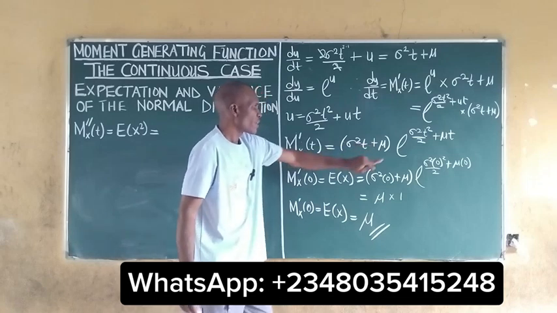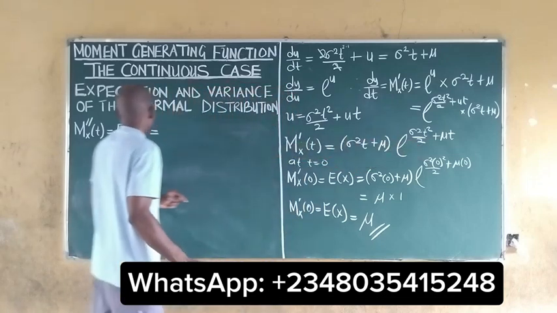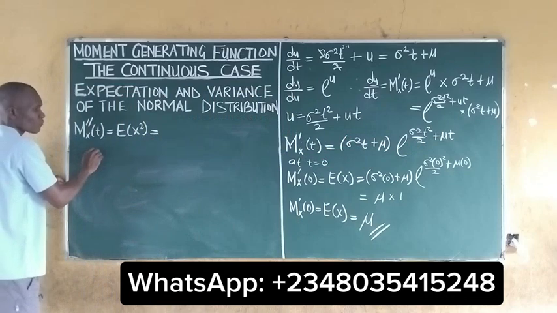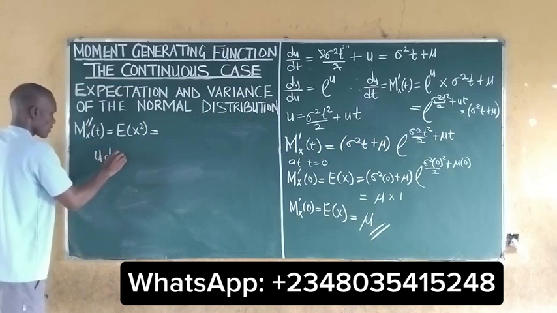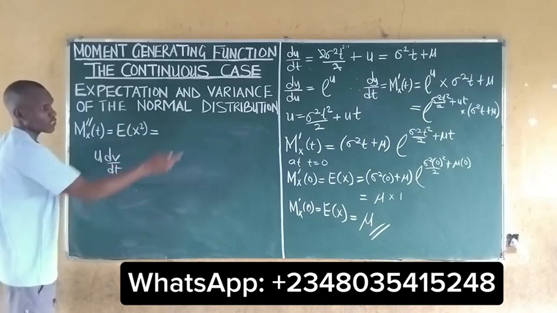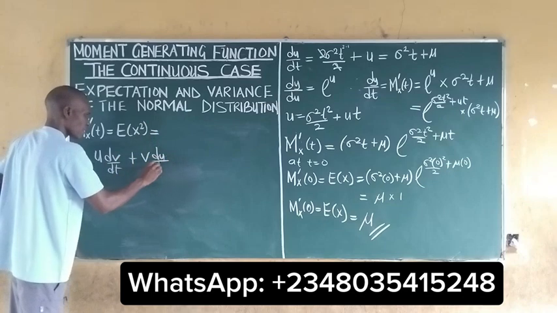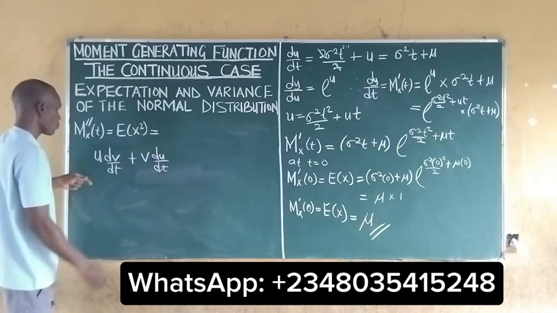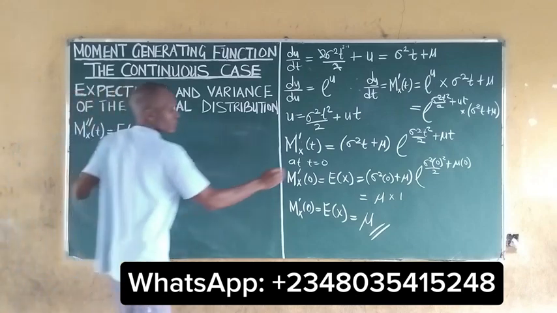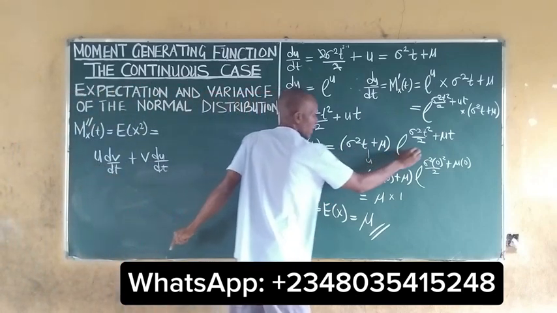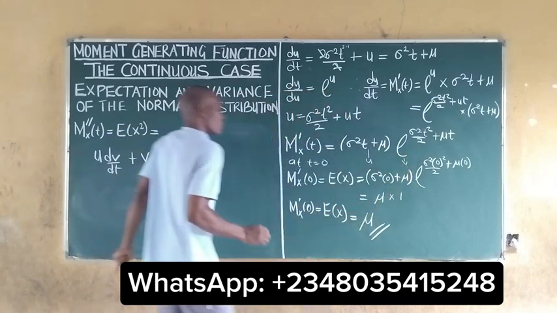So this is our u and this is our v. The product rule states that u dv over dt, because you are differentiating with respect to t, plus v du over dt. So what is our u? This is our u and this is our v.